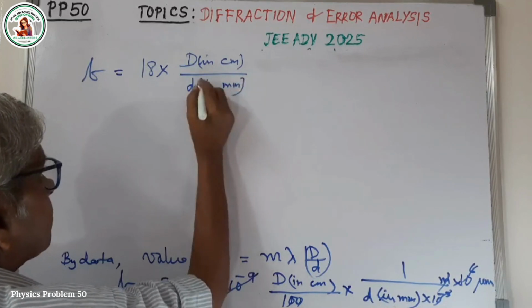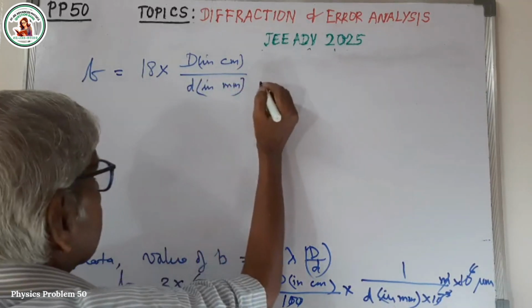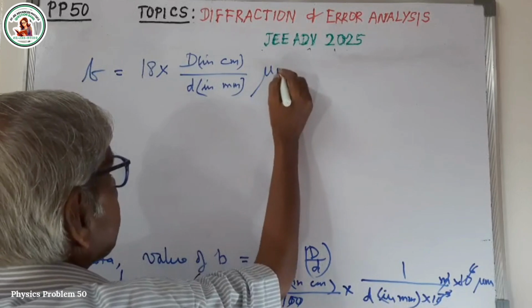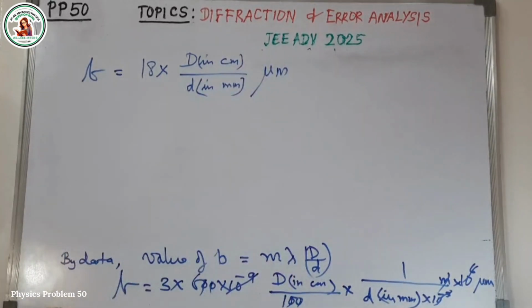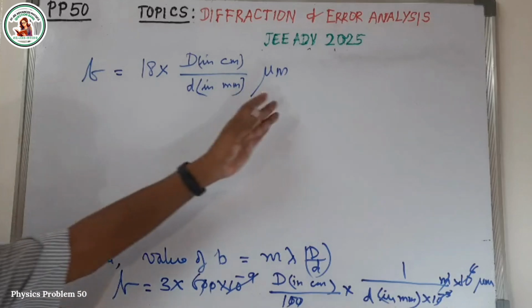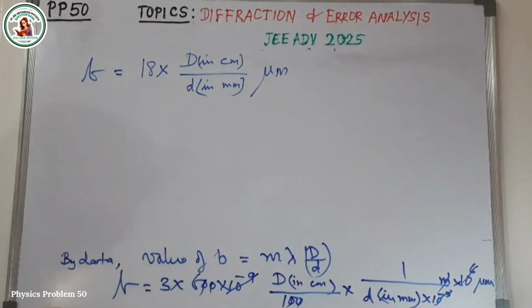That is our general expression for b in micrometers. The resulting number will be in micrometers, because the question is based on the error in micrometers.